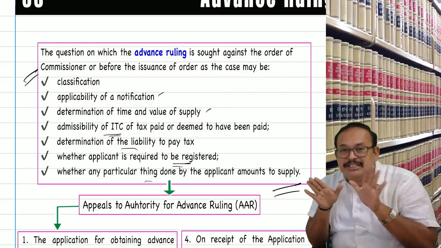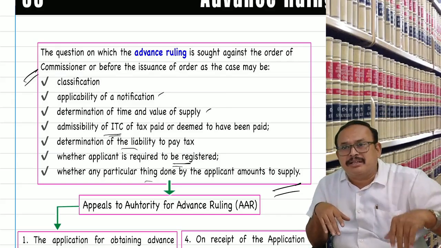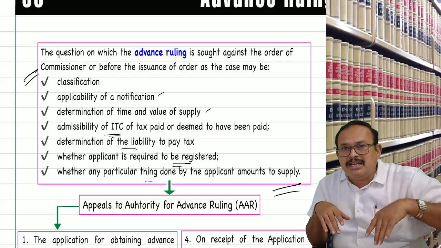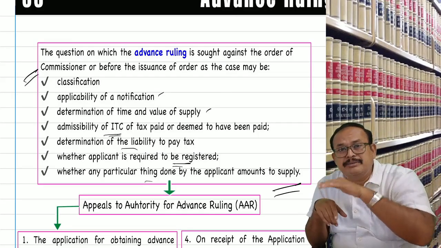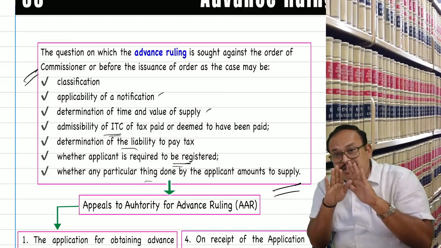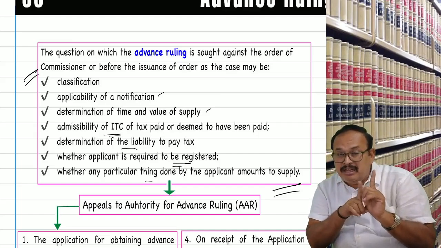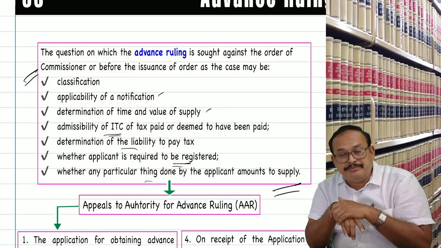It should be a fresh case. At the same time, if the High Court has given the judgment, after that the same person cannot file the appeal in the advance ruling. When the judiciary has given the judgment, it is final, and it should not be challenged again in the advance ruling.